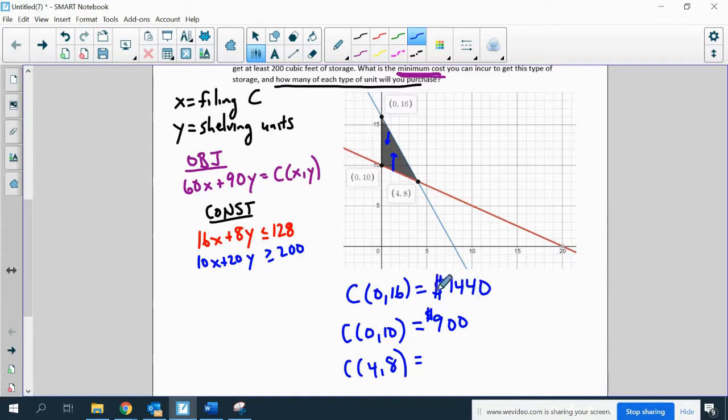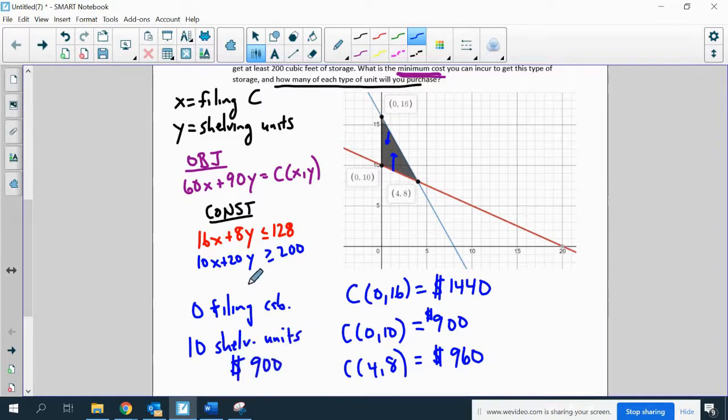And then I have 4 times 60 plus 8 times 90, which gives me a total of $960. So in this case, my best bet is still to go with 0 filing cabinets, but to go with 10 shelving units, and that would cost me $900 total.